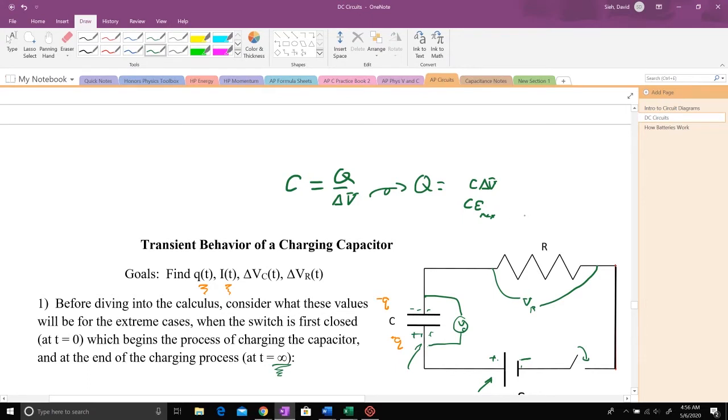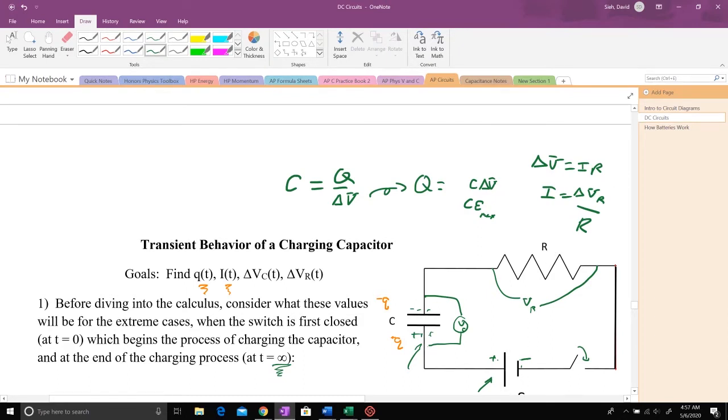For a resistance, I can say that the delta V is IR. I use Ohm's law. And so my current is going to be the voltage across the resistor from one side to the other side, if I hooked up this voltmeter. Delta V is IR, so I is delta V over R, divided by the resistance of the circuit.